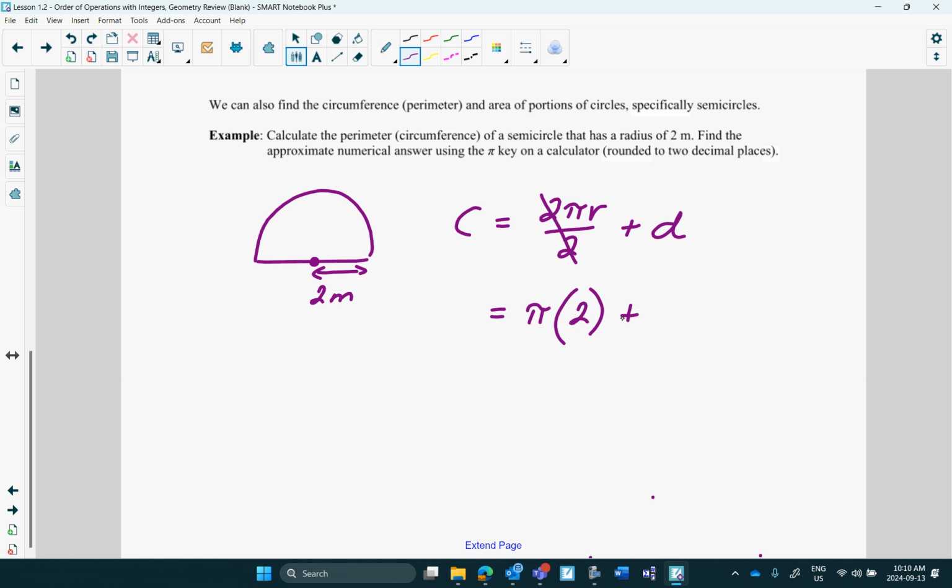So I just have to do pi times the radius, which is 2, and add the diameter, which is 4. If you use the pi key, you should get 10.28. And I think you'll get the same answer if you use 3.14.